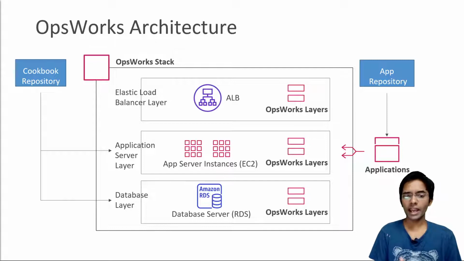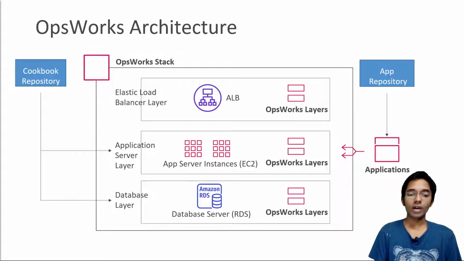Then we can have an application server layer, where we have EC2 instances managed by OpsWorks, and you need to know that these instances are not managed by an Auto Scaling group. They are managed by OpsWorks itself, so they will go up and down based on how OpsWorks sees fit. You can define schedules and events.